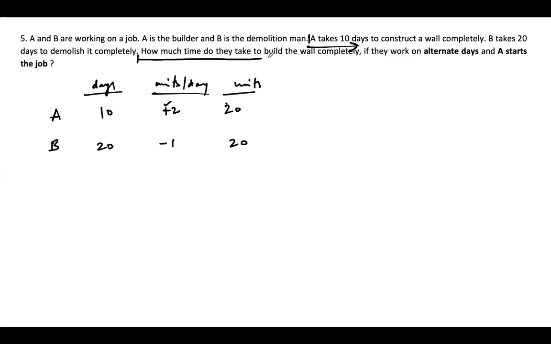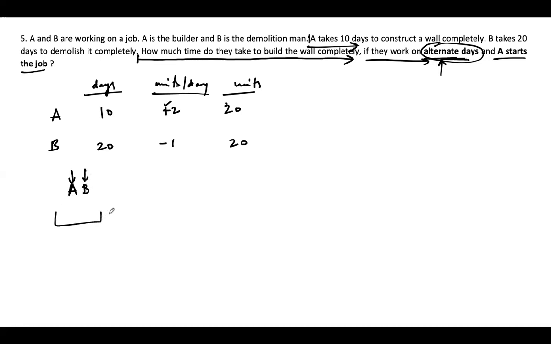How much time do they take to build a wall completely if they work on alternate days and A starts? Just a sec. If they work on alternate days, okay, so this question is different from the earlier questions that we were solving, in which people were working together. Now they're working on alternate days. And A starts the job. So A started the job, then B is working.